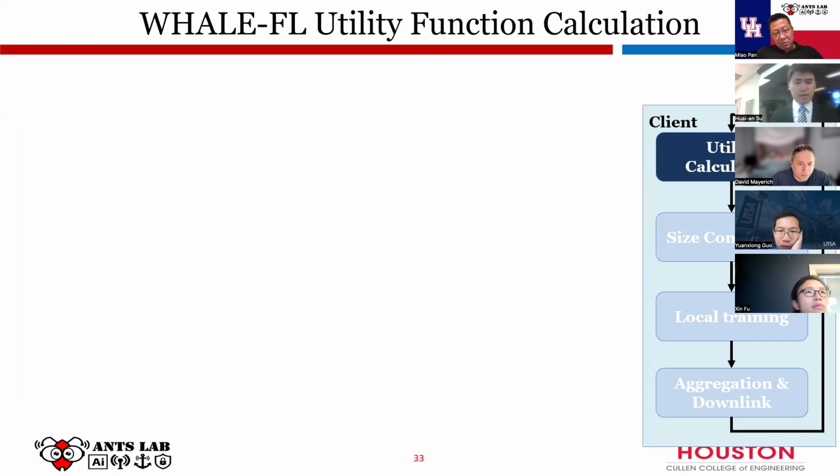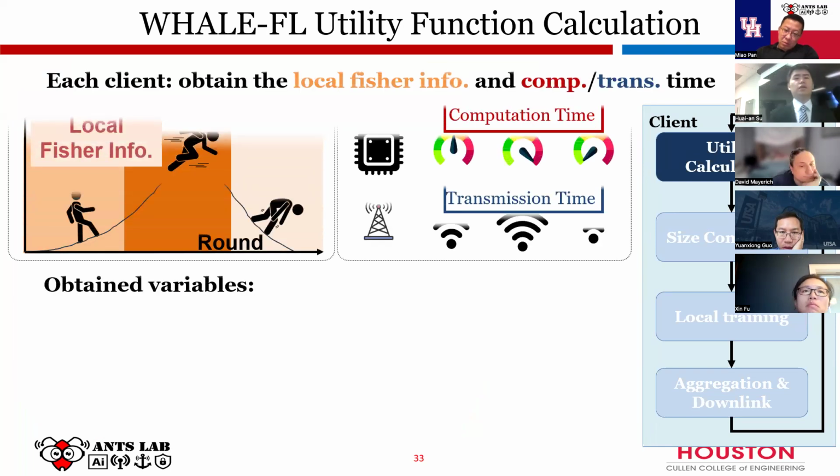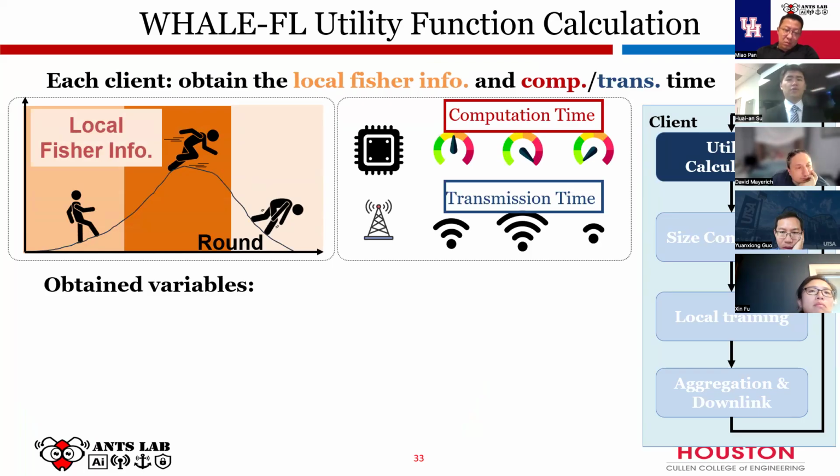So let's take a deeper look at what each of those means. The first one is that at each client, we obtain the local Fisher information and the computing and transmission time. Here we have a bigger picture showing what's going on. You can see we are trying to indicate that the person runs fast when the local Fisher information is relatively high.